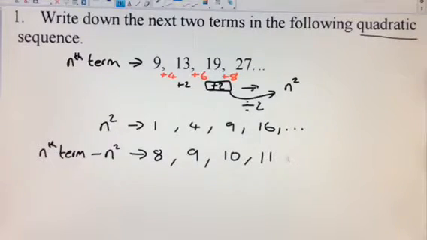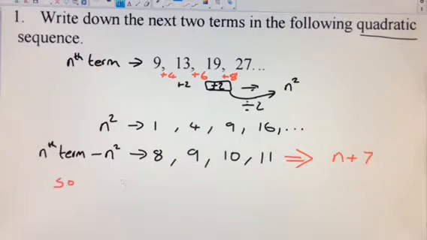What I'm saying then is that this sequence goes up in ones, so it's related to the counting numbers directly. But my counting numbers would start off with 1, and this starts off with 8, so I'm going to add 7 to make that correct.